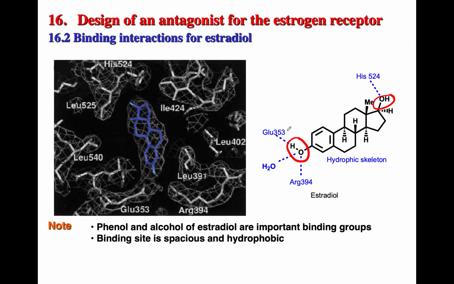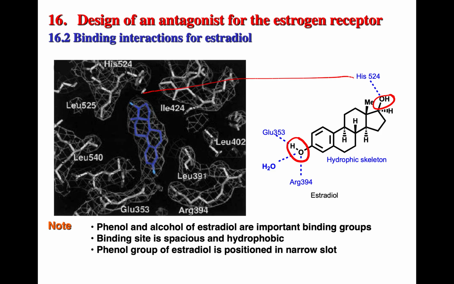So inside of the binding pocket, the estradiol is going to orient itself so that its hydroxyl group is pointing up, and the phenol is pointing down here. So this allows the molecule to be oriented inside of the binding site, and estradiol acts as an agonist.